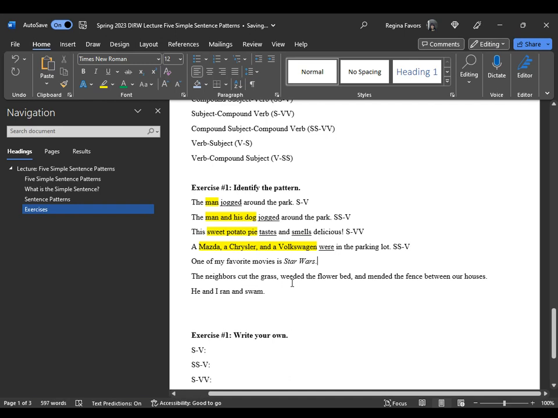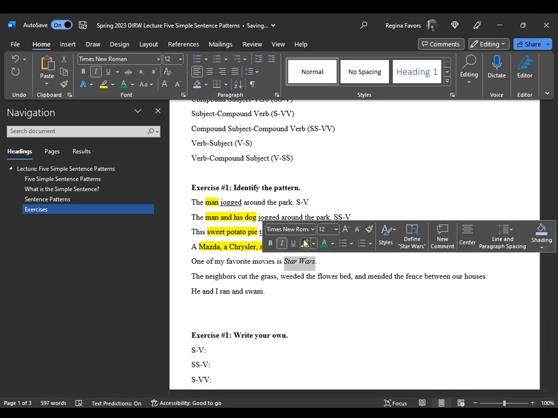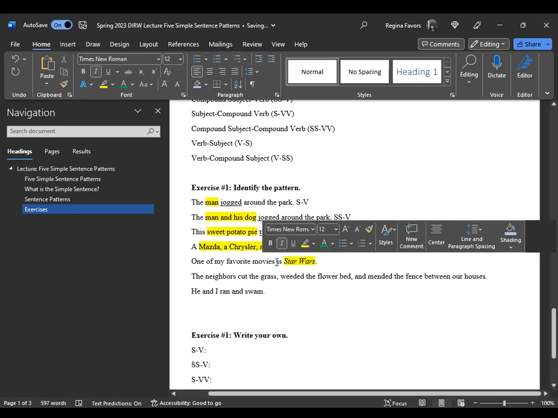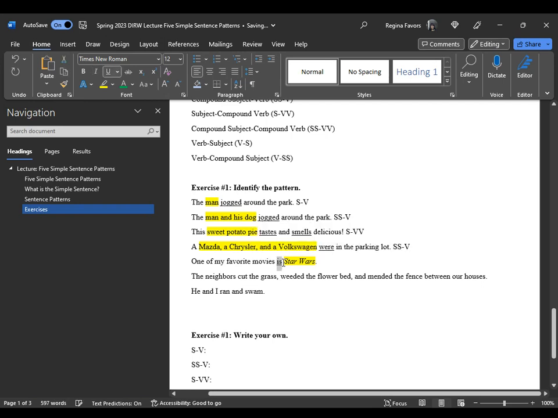And then one of my favorite movies is Star Wars. So remember, this is a single subject, okay, not a compound subject, and therefore here's your verb. So that's subject, verb. The neighbors cut the grass, weeded the flower bed, and mended the fence between our houses.